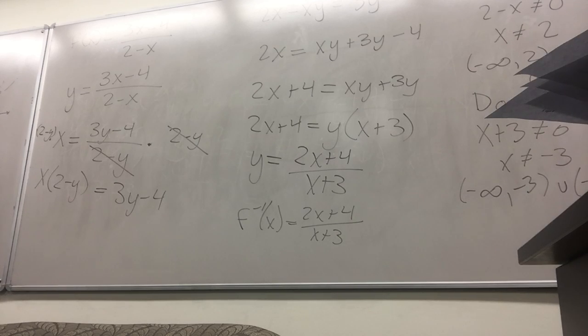Okay? That's the whole idea of this. So if a function does not pass the horizontal line test, its inverse will not pass the vertical line test, which means it's not a function. Okay? So only 1-to-1 functions have function inverses.